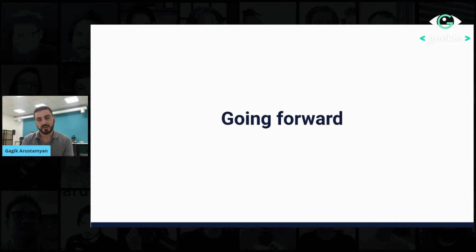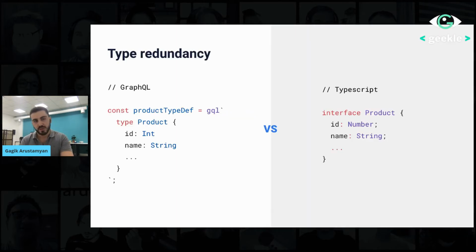And because we're doing a TypeScript project, we started pondering about something. We were doing, in fact, type redundancy, which means we were repeating basically the same thing. We were providing the same information. Let me explain what I mean.